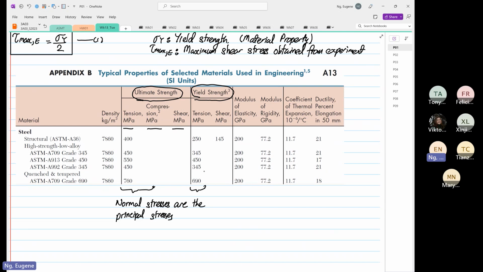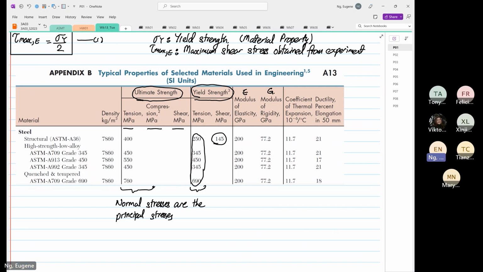Most of the time you have values in tension and very limited data on shear, because most tests are carried out in uniaxial tensile tests; very few are carried out in shear because of cost. Then the fourth column is your Young's modulus E and modulus of rigidity G, the coefficient of thermal expansion, and then ductility.